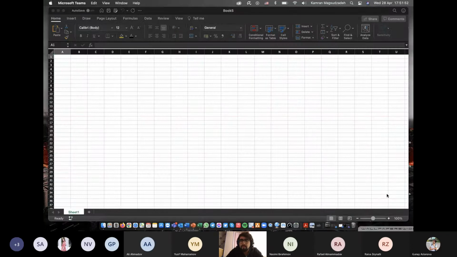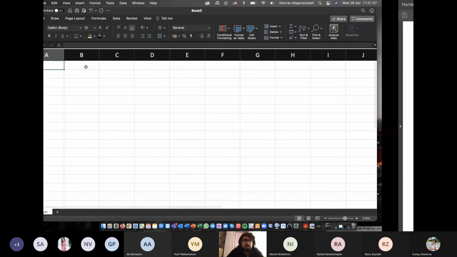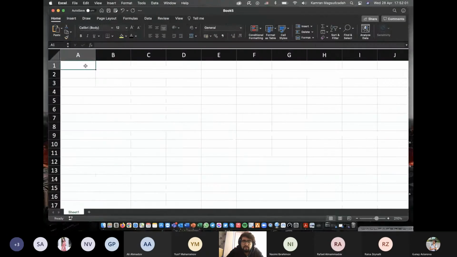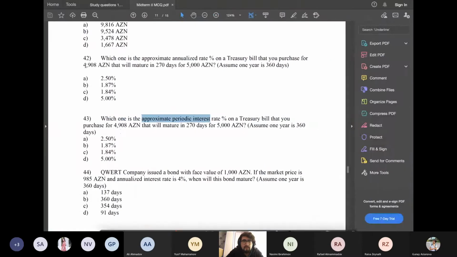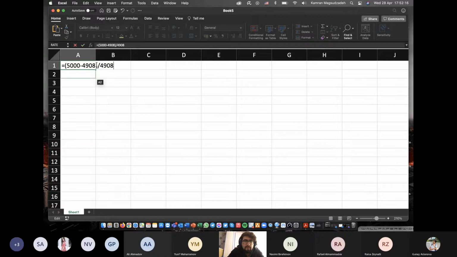The periodic interest rate will be 5,000 minus 4,908 in brackets, divided by 4,908. This is our periodic interest rate.